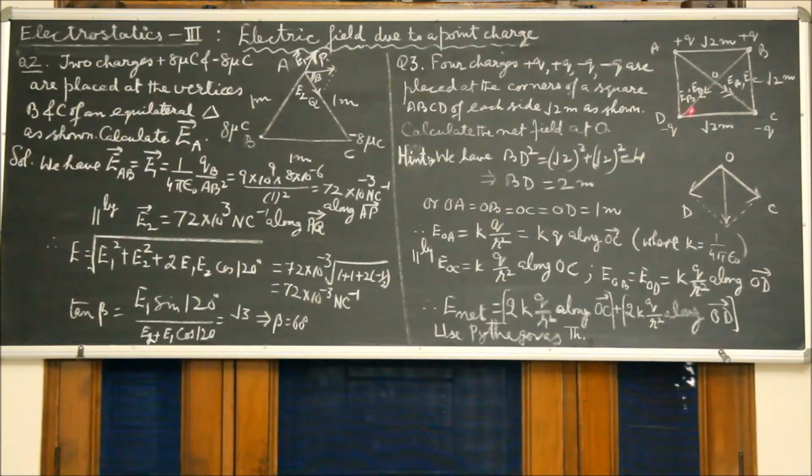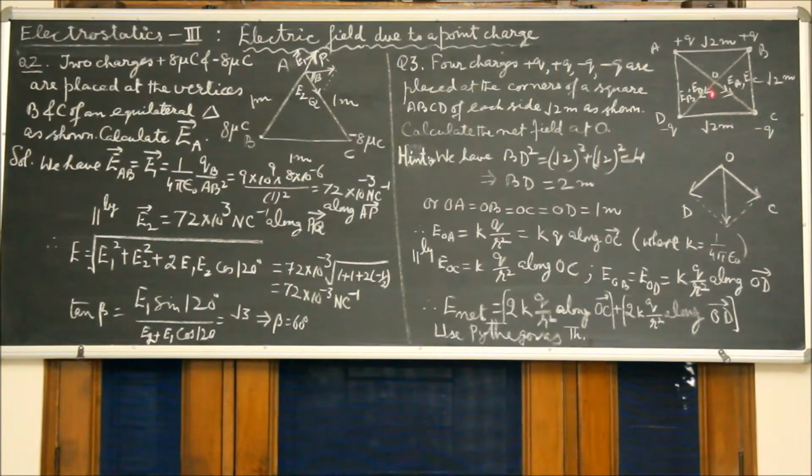2KQ along OC and 2KQ along OD. These are perpendicular to each other, so you can get the net field by Pythagoras theorem. You can use Pythagoras theorem to add these fields, and the direction will be midway, that is it will bisect the angle between the diagonals, that is the angle DOC.